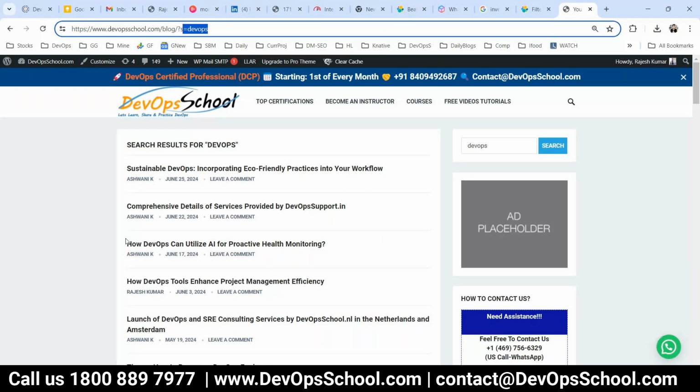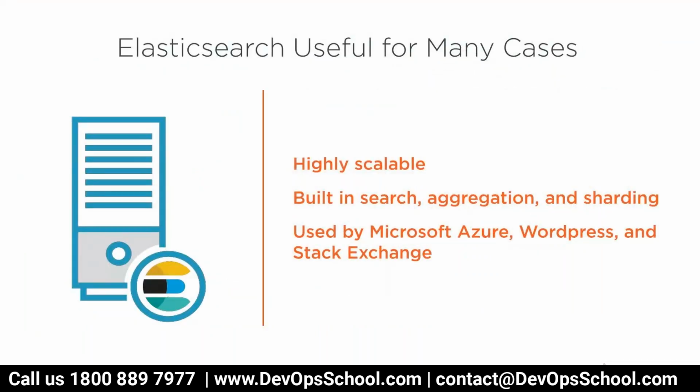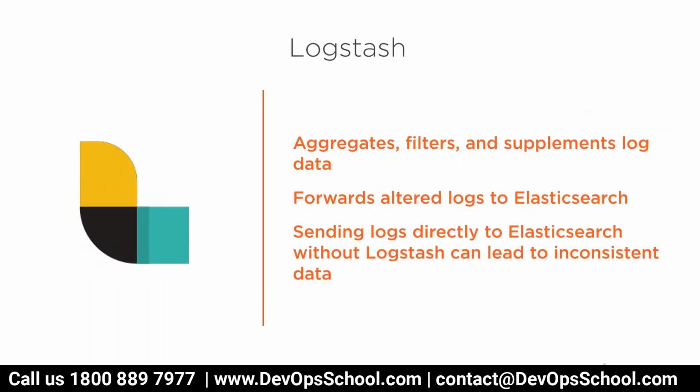If you go to Flipkart and search, it's powered by Elasticsearch. So Elasticsearch is primarily used for website search functionality. Okay, so like this. Yes, it's a distributed, fast, highly scalable document database created by Shay Banon in 2010, and so on.